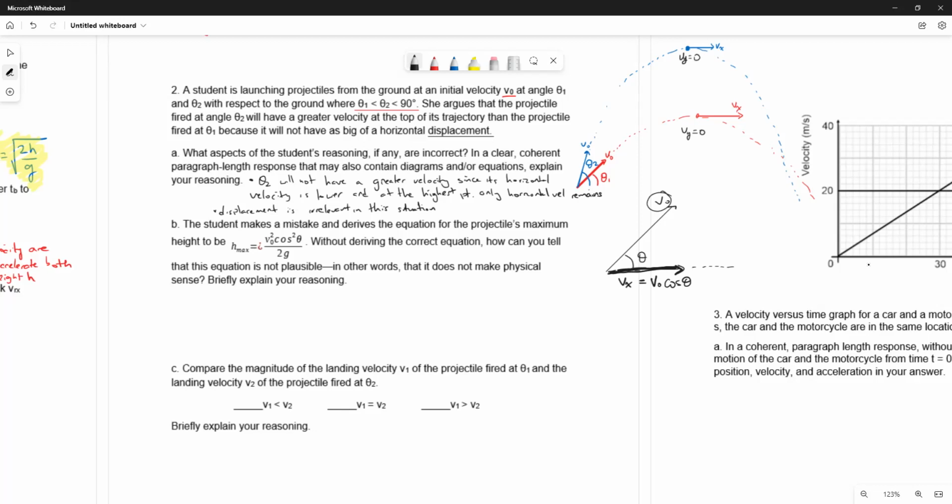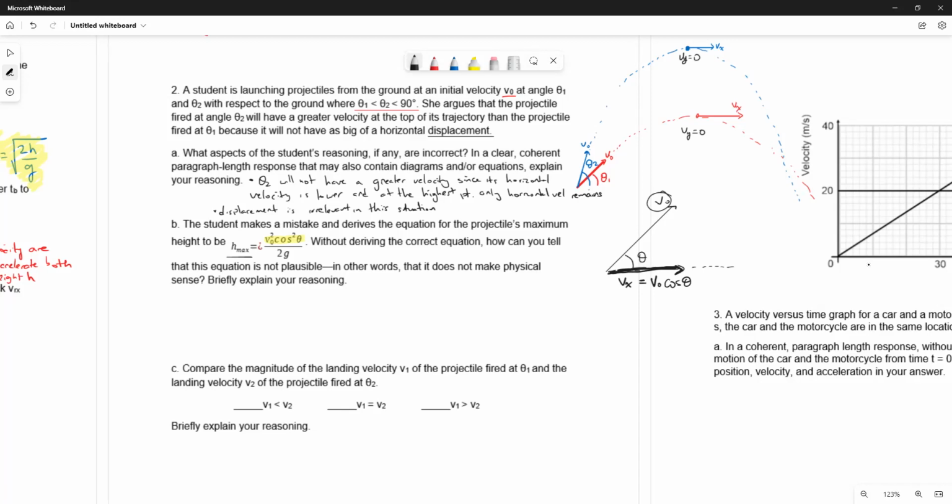That means that in this equation that we're shown here, the component of velocity that they're looking at is the horizontal component, and we don't need the horizontal component when we're talking about a vertical distance.